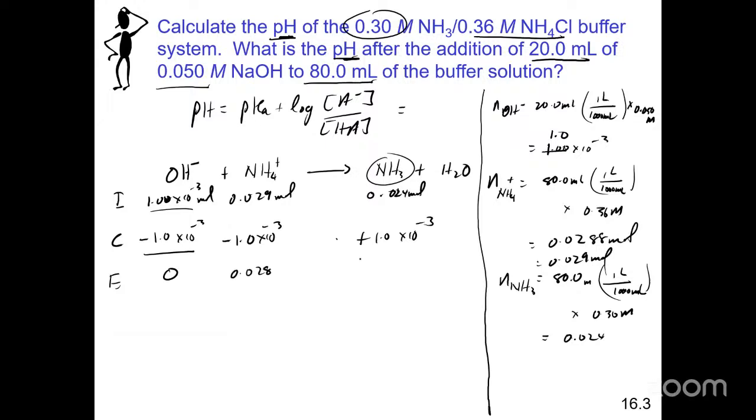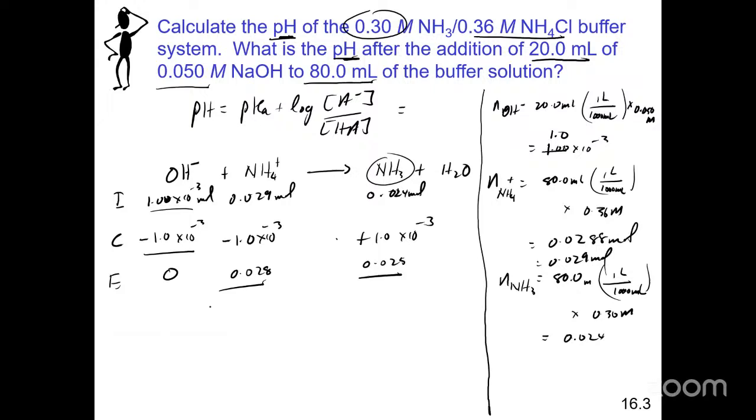And then as far as the ammonia is concerned, 0.024 plus 1 times 10 to the minus 3, that's going to be equal to 0.025. Right? And then what we need to do at this stage is calculate the concentration of both the ammonium and the ammonia and plug them into this equation.